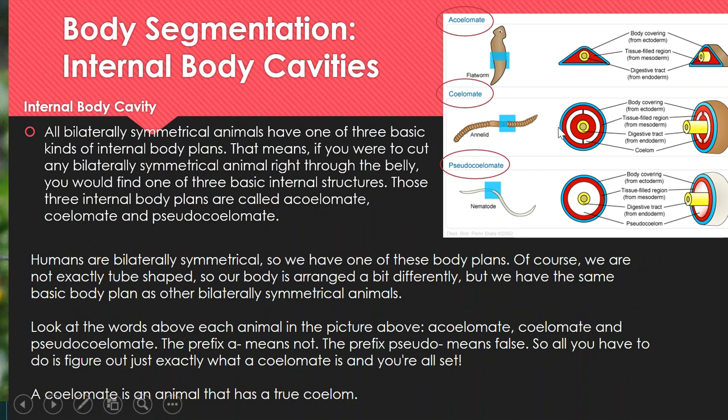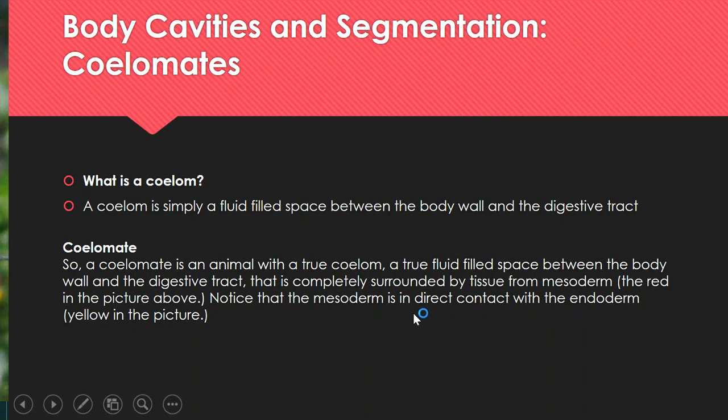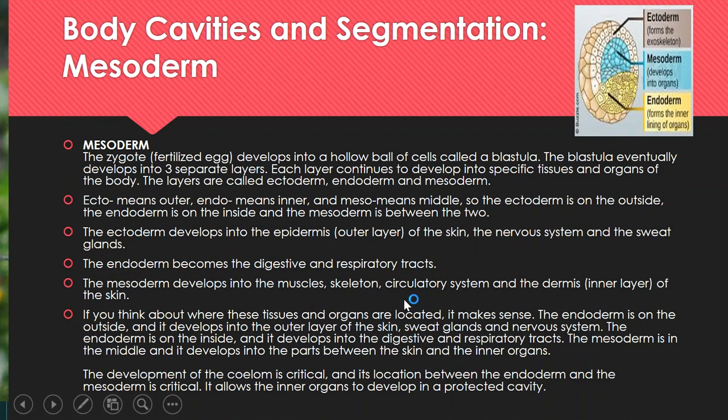So mesoderm and endoderm, direct contact. The mesoderm is in the middle. Meso means middle. You have ecto on the outside and endo on the inside.